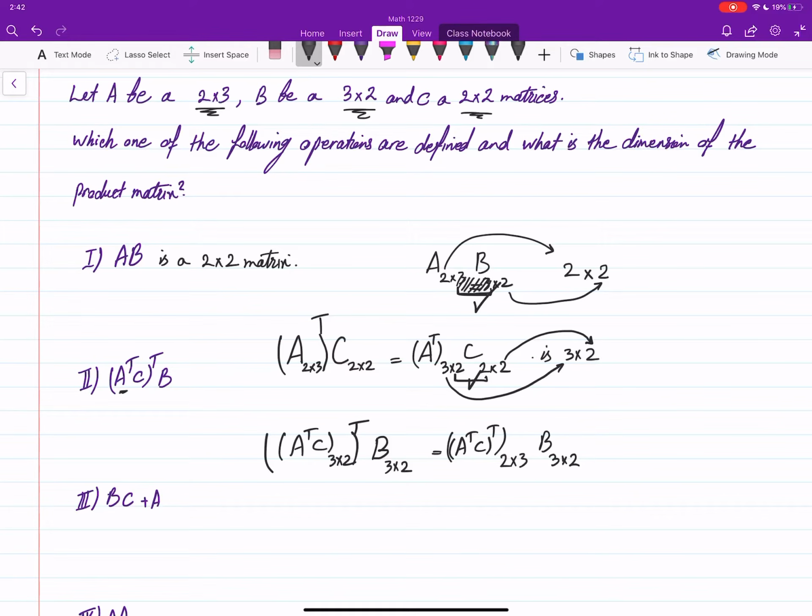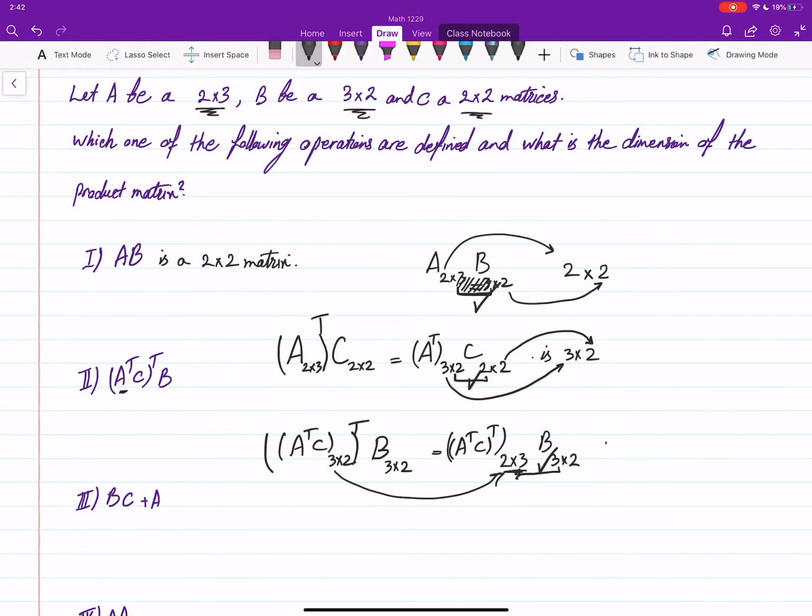After finding the transpose, we switch the number of rows and columns. So A transpose C, the whole thing transposed, is going to have 2 rows and 3 columns. B is going to have 3 rows and 2 columns. And you see that these two are equal.